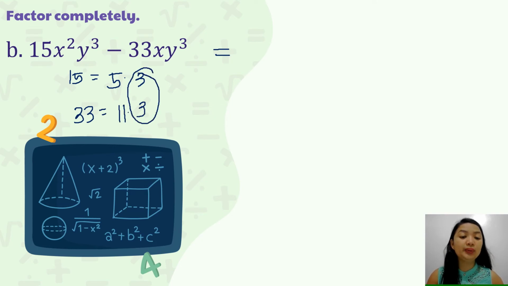Notice that they both have 3. So therefore, the greatest common factor is 3. And they also have the same variables, which are x and y. So we write here x and we also write y.